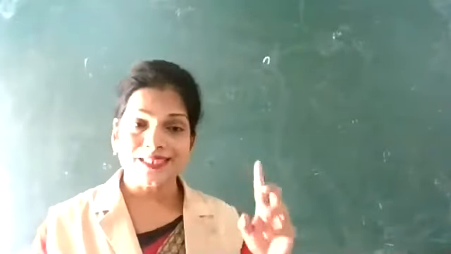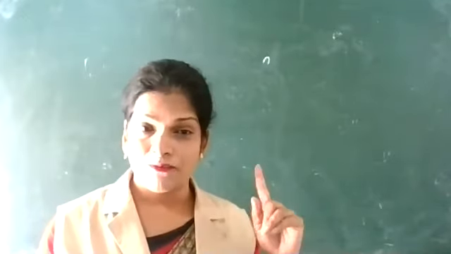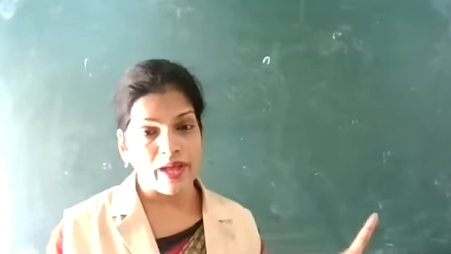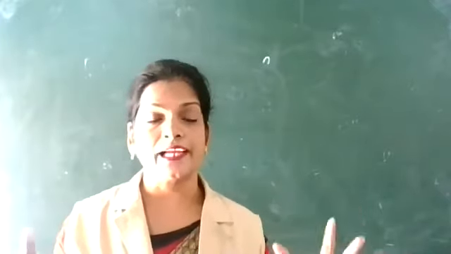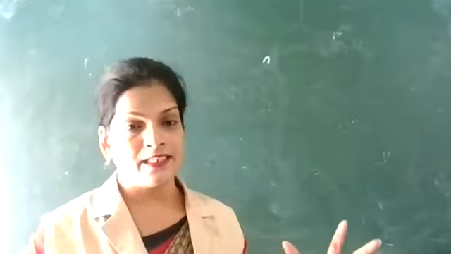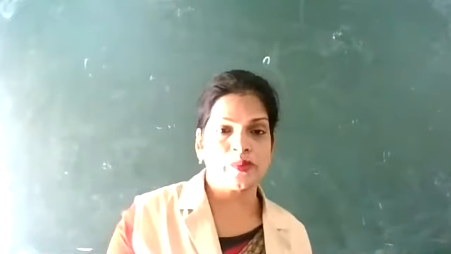So in SN1 reaction, we say it is a first order reaction, because only the concentration of the substrate, the alkyl halide, is considered. In the first step, there is no reagent, no OH minus.